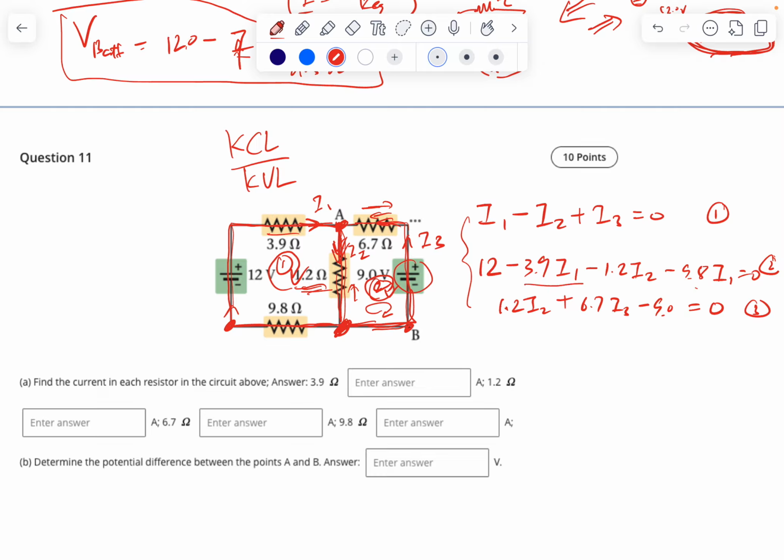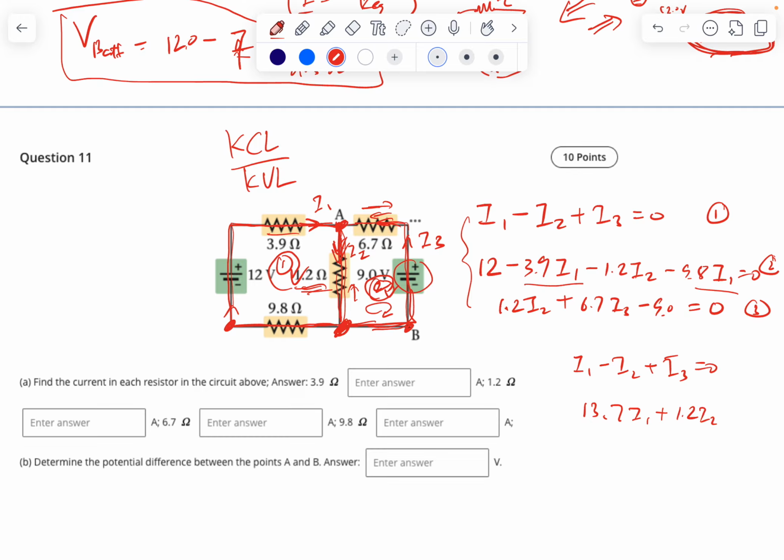You combine similar terms and make it a simple function. So let's simplify that. I1 minus I2 plus I3 equals 0. In this one you see 3.9 I1 and 9.8 I1, so it's 13.7 I1 plus 1.2 I2.